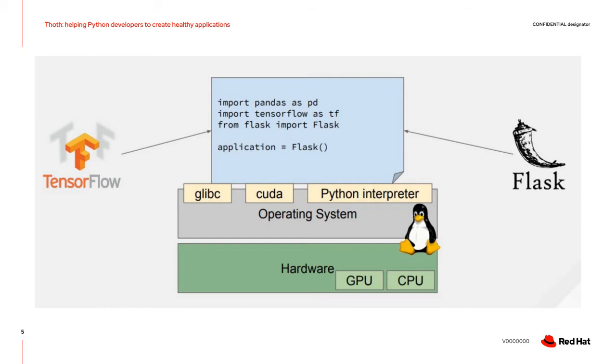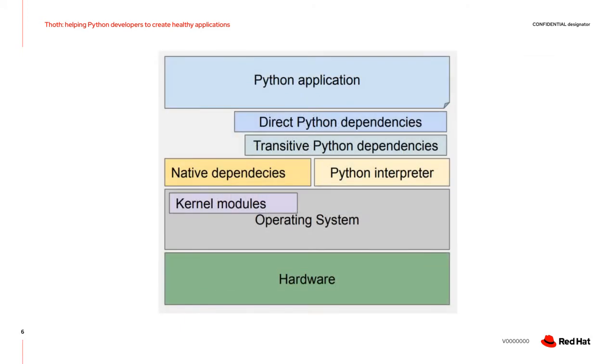If we take a look at this stack, we see that there are multiple layers. So we run our Python application that has some direct dependencies. These dependencies bring other dependencies, meaning transitive dependencies of our application. And this all runs inside some Python interpreter that has some version. Then we have native dependencies provided by the operating system, also kernel modules, and then we have hardware.